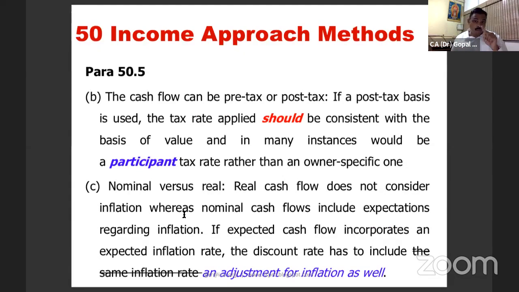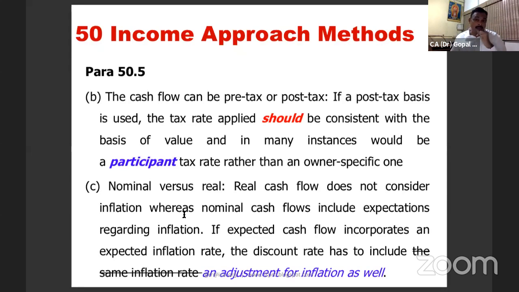Now, what do you mean by owner-specific? If a seller will be there, a buyer will be there. Now, when I do the cash flows, what do you mean by participant specific? The buyer, because after that acquisition date, the cash flows belong to the buyer company. Therefore, the tax rate of the buyer company should be used, not the tax rate of the selling company. So very important.